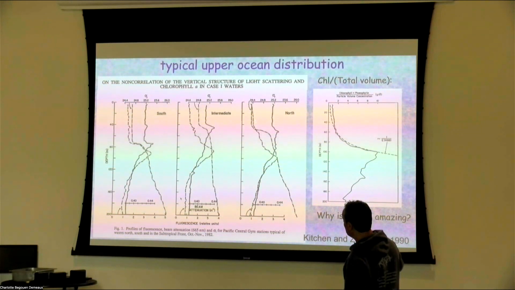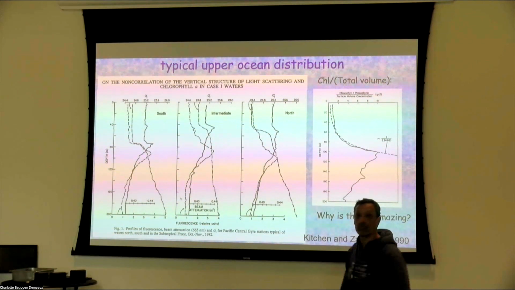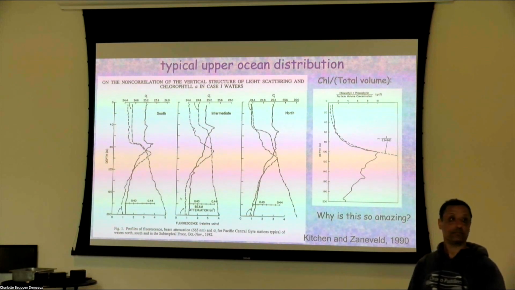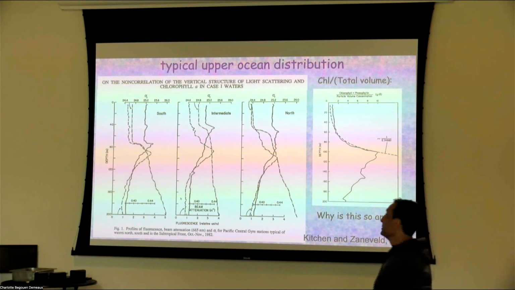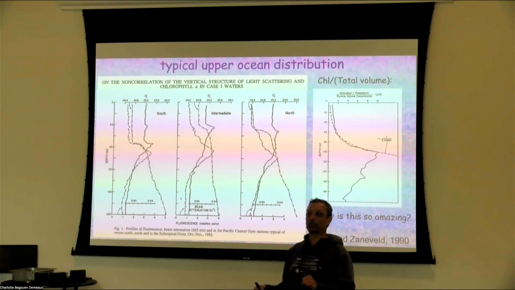But look at that. It changes significantly here. That's a scale of fluorescence, a factor of 3. And we don't see the beam attenuation change at all. It's barely changing from 0.4 to 0.44, 10%, while fluorescence changes by a factor of 3. So you cannot use scattering as a measure of chlorophyll.